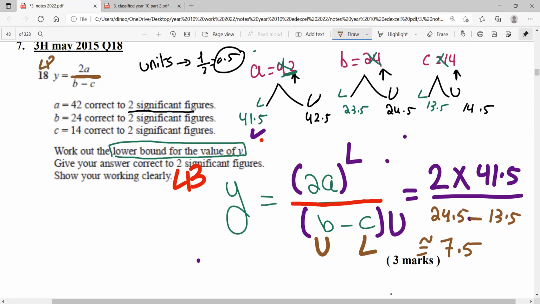Since it says lower bound of y, and since this is division, one is upper and one is lower, and the first is as the question says. The bottom we treated as a separate question because it is subtraction, so we did the upper bound of subtraction. Subtraction has the same story as division, one and one. We took lower A, and then, so that the bottom is upper, we took upper B and lower C.